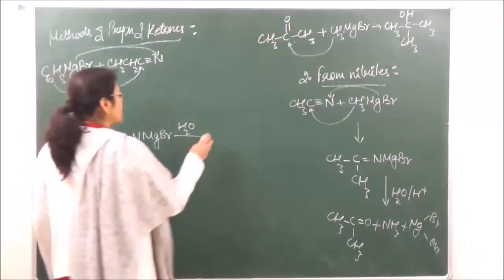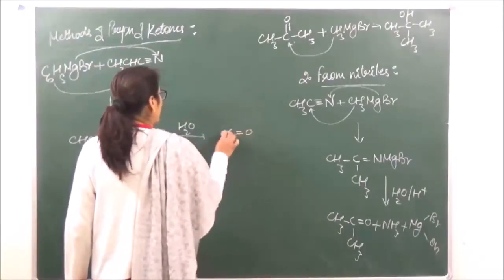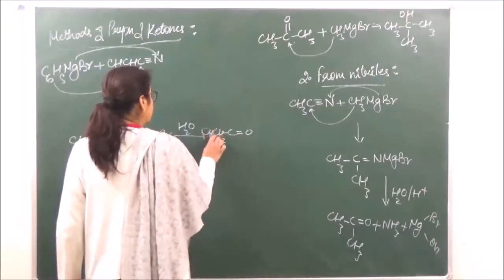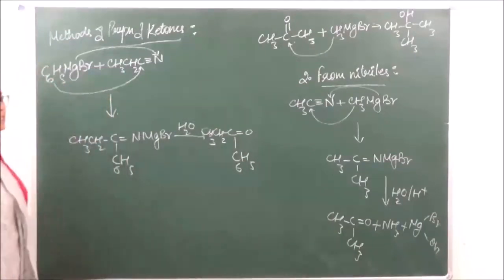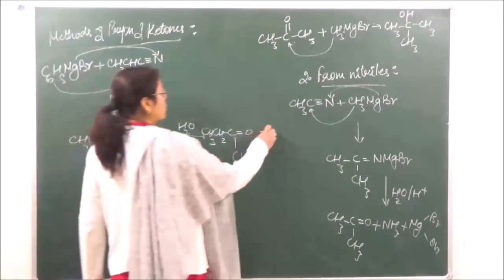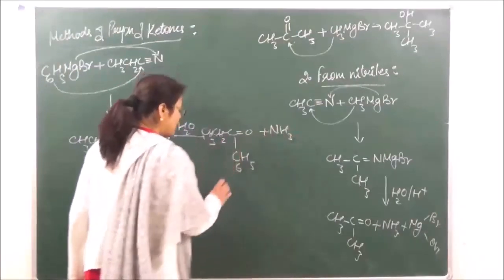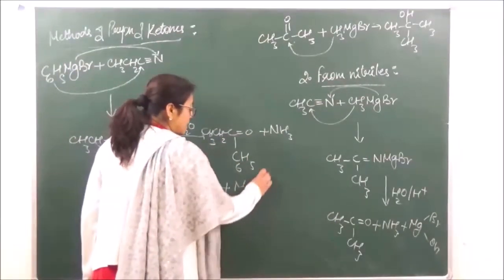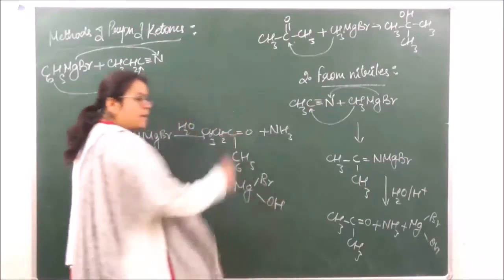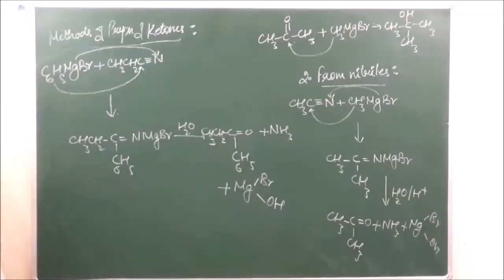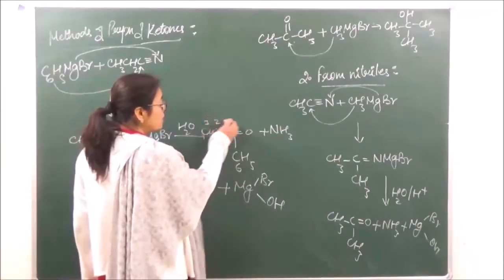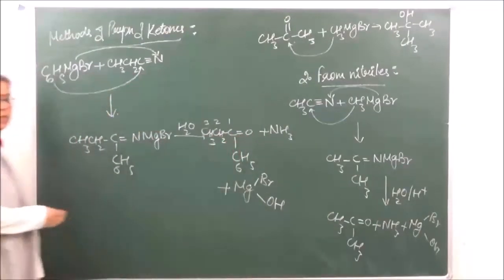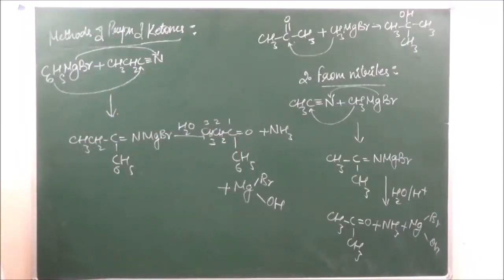We will get C double bond O, CH2, CH3, C6H5, plus we will get ammonia, and plus we will get MgBr and OH. Okay, so if you're looking at the IUPAC name of this, 1, 2, 3, 1-phenyl propanone. Okay, that is going to be the product over here, 1-phenyl propanone.